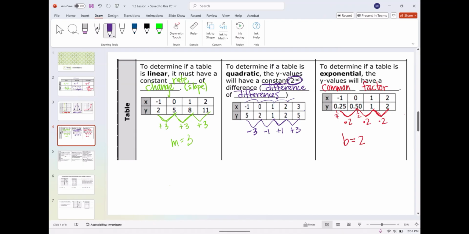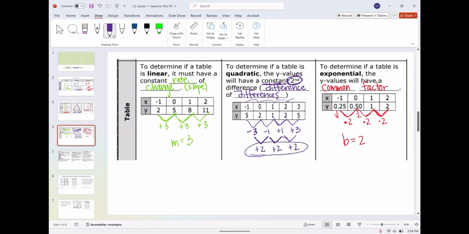So I'm going to look at the second difference. So that means, well, what's the difference? How do we get from -3 to -1? Well, we can add 2 to get from -3 to -1. And then to go from -1 to a +1, wait, that's add 2 as well. And then to go from 1 to 3, that is also adding 2.